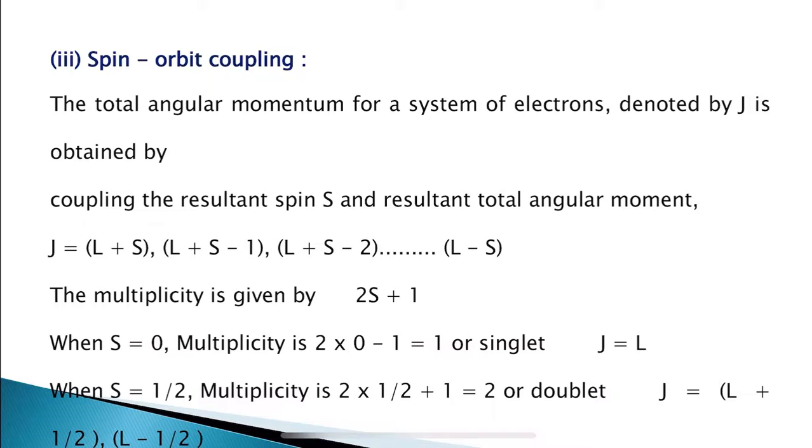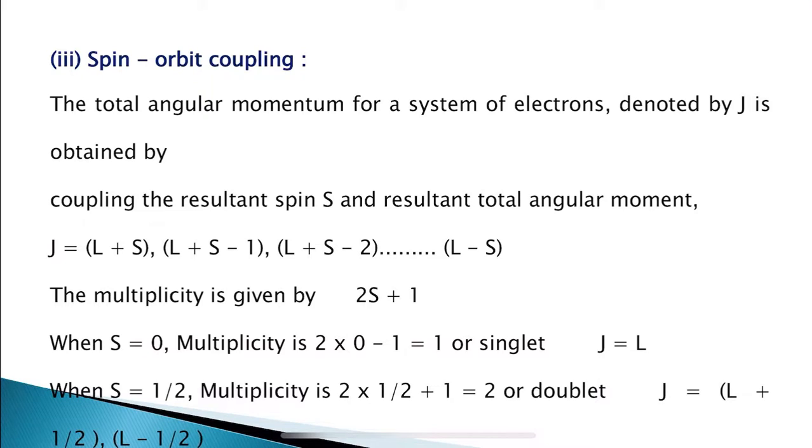L is the total orbital angular momentum, S is the total spin angular momentum, and J is the total angular momentum for a system.